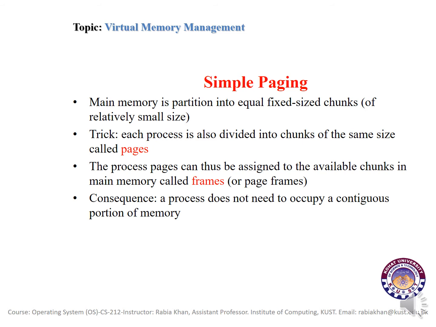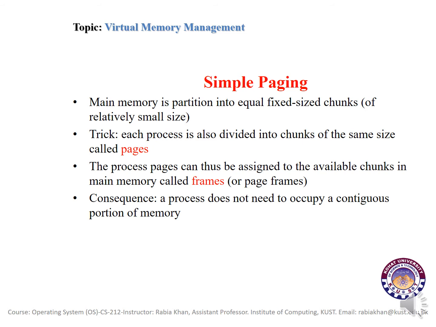These pages are then loaded in available memory partitions, and every partition is known as a frame. One page resides in one memory frame. If a free frame is not available in sequence, different pages of a single process may also not be stored in sequence.